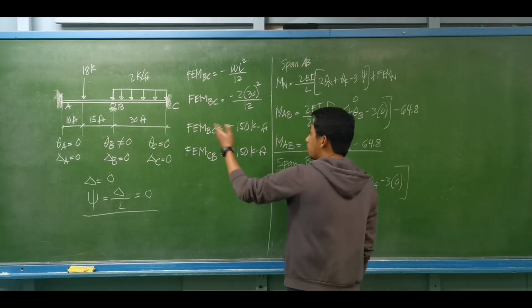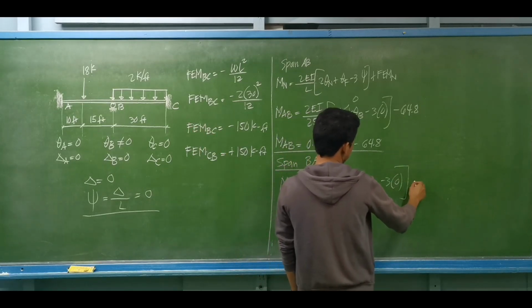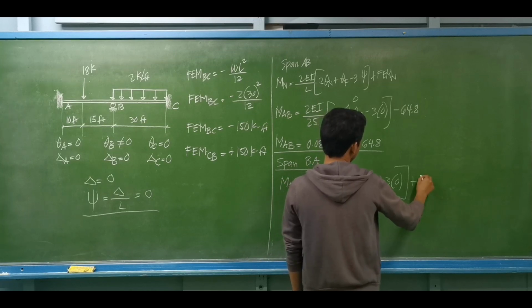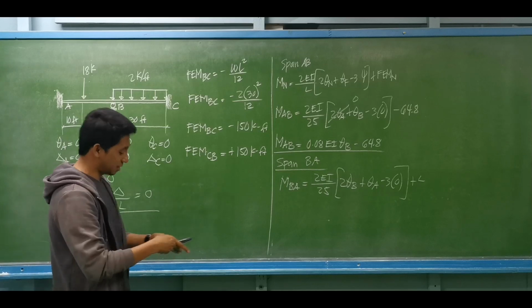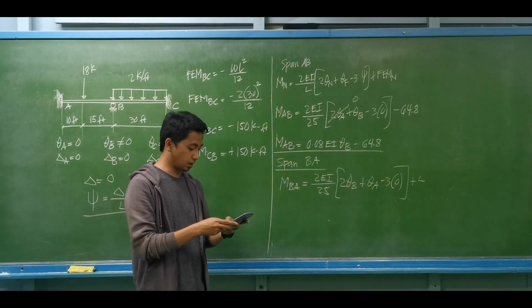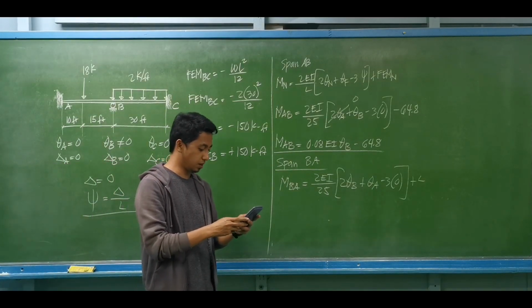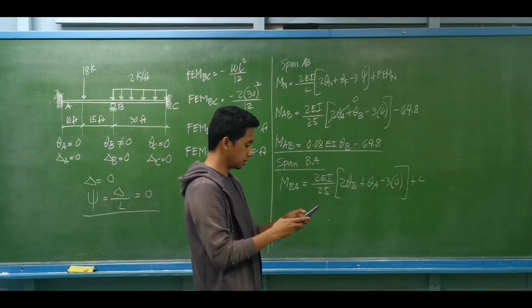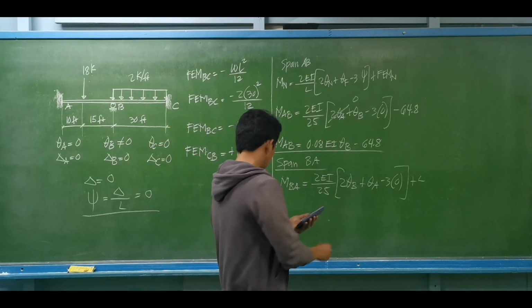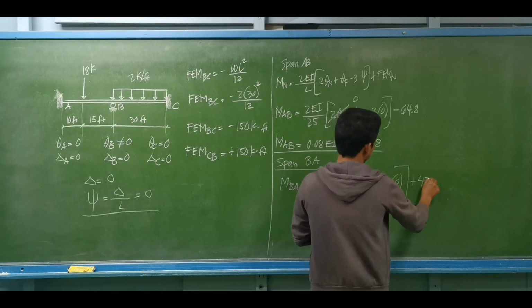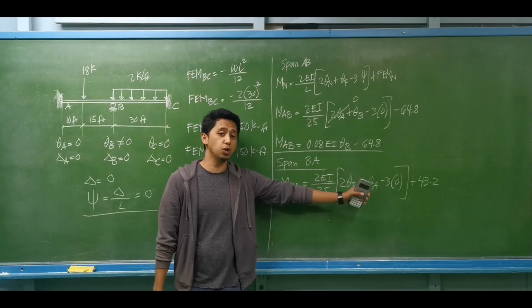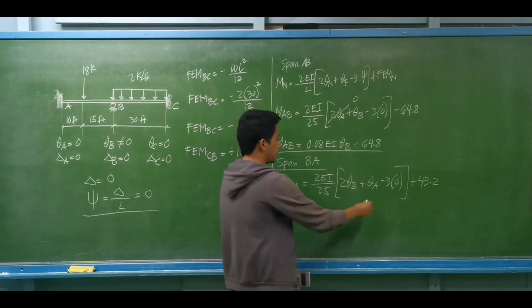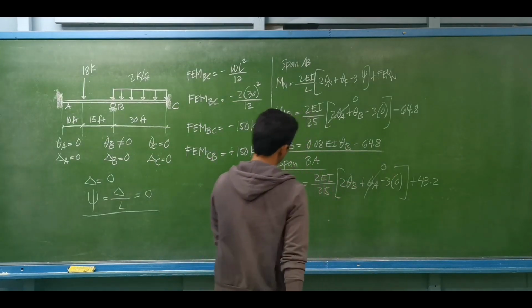Then your fixed end moment that is on the right will be positive. What is that value a while ago? That is 18 times 10 squared times 15 over 25 squared. That is plus 43.2. Again, there's no rotation for a fixed support, so theta A is 0.